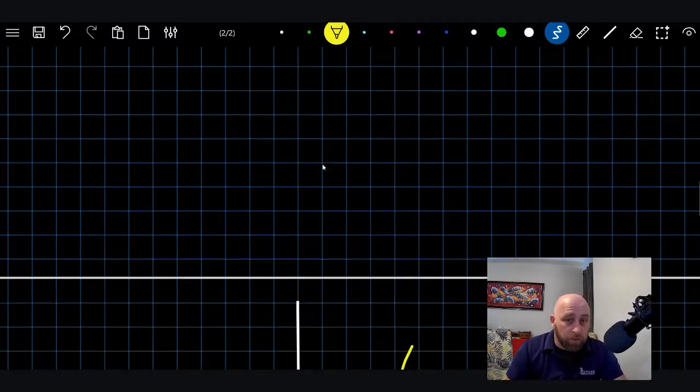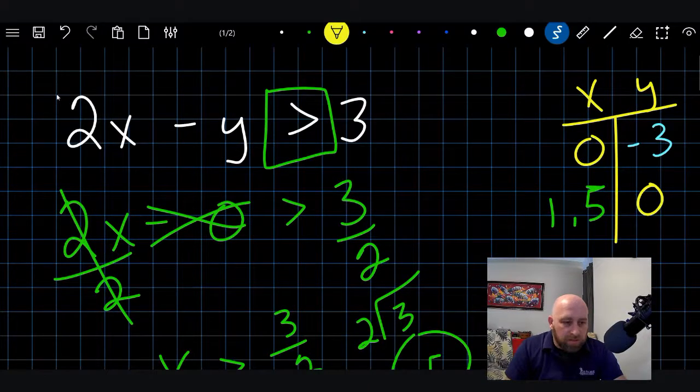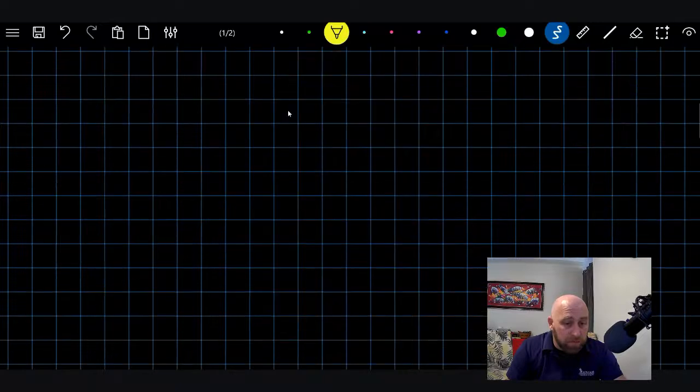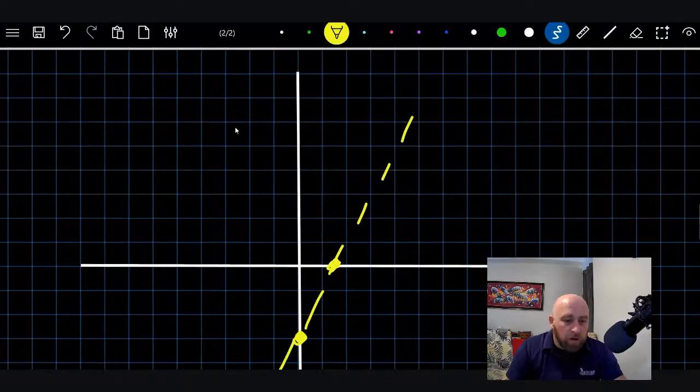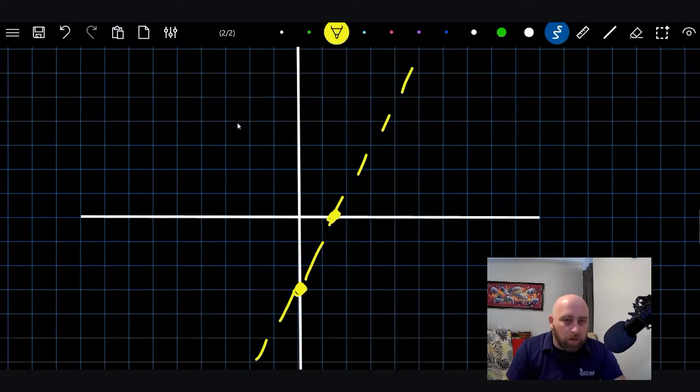Because remember, we're doing inequalities. So this is 2x minus y is greater than 3, not equal to 3. So our line can't show that it's equal. Our line needs to show that it's not equal to. And the way that we do that in graphing is we use a dotted line.